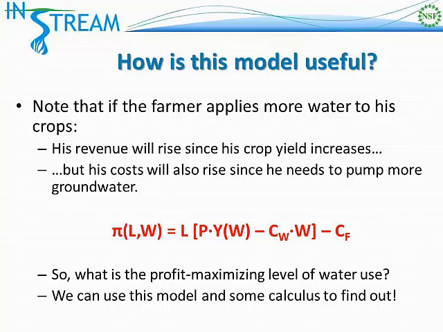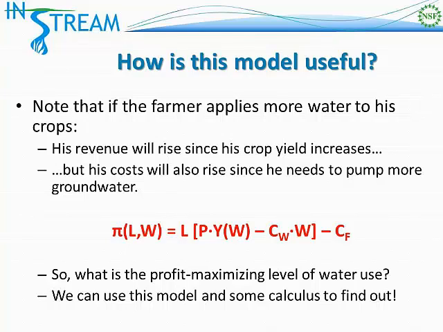So let's try to answer one interesting question about a farmer's production decision. Notice when you look at the farmer's profit equation that water as an input appears twice.